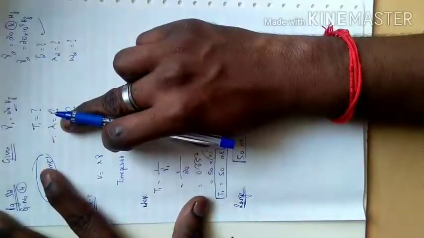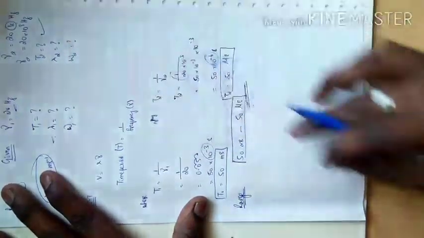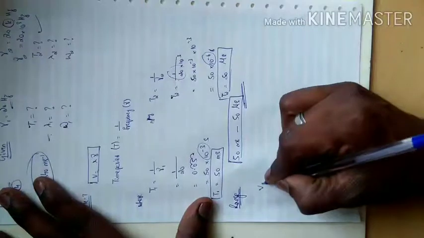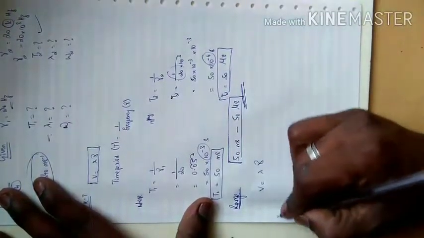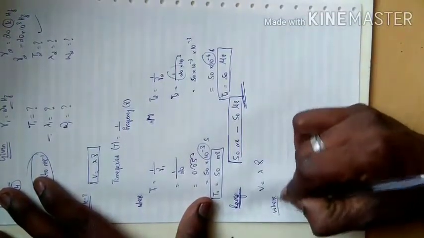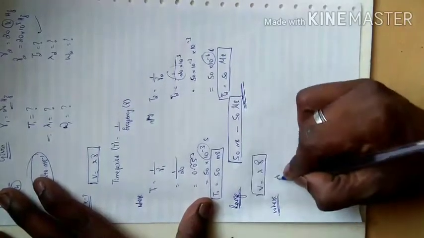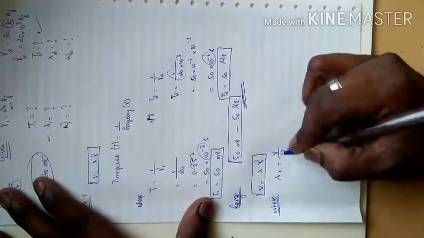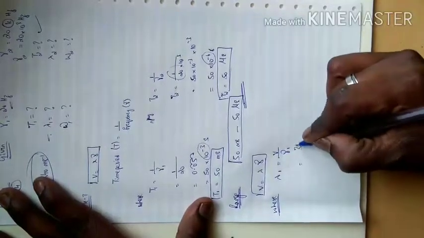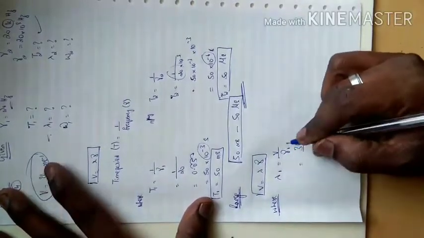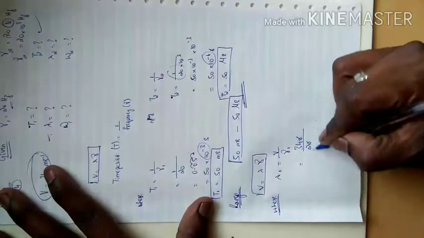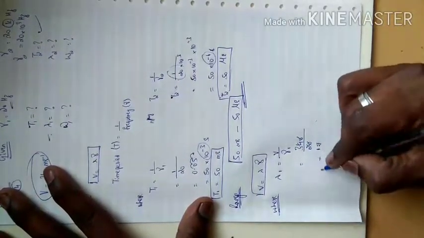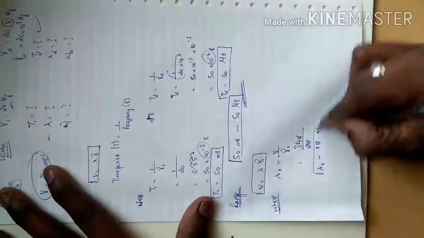Second part is what? Lambda you have to calculate. That one we know using this formula V is equal to lambda into nu. Therefore lambda is equal to V by nu 1. Velocity they are given, that is 340 divided by nu 1, that is 20. The 0 and 0 get cancelled. It comes to 17 meters.